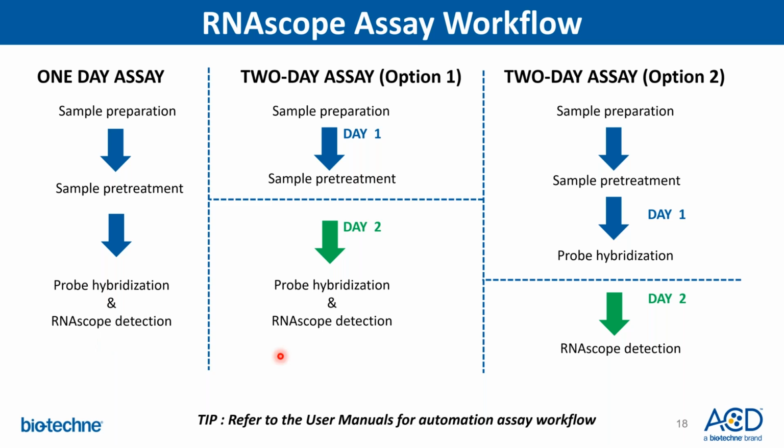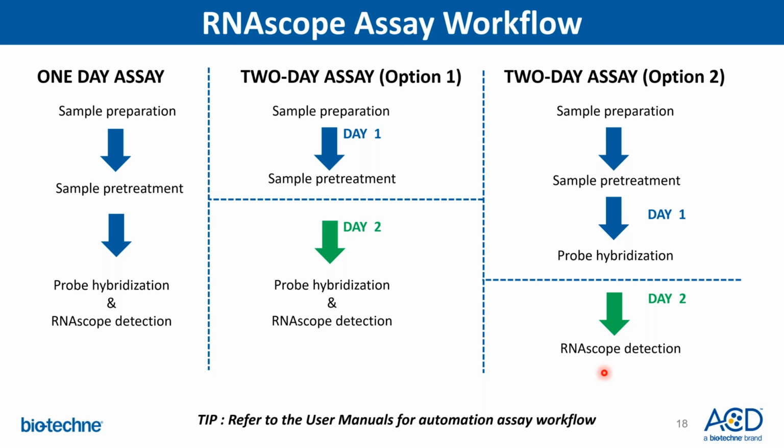Or you have 2 options to split it in 2 days, wherein you can stop after the sample pre-treatment and continue with probes and detection on day 2, or you can stop after probe hybridization and continue with the RNAscope detection on day 2. So these are some of the options on stopping points and how you can split your assay into 2 days if needed.